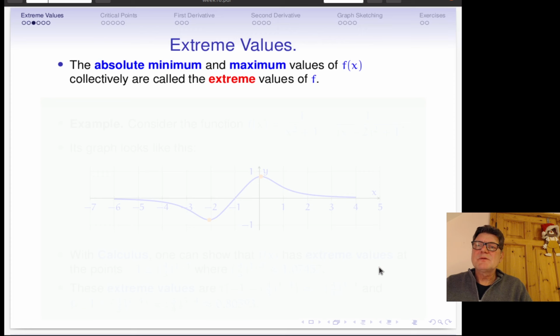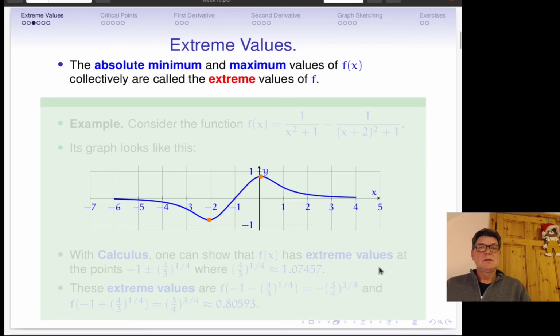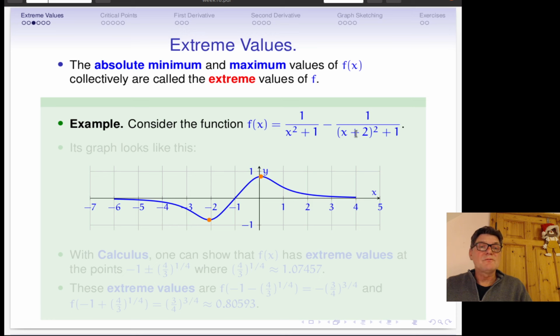Collectively, I said this before, the absolute minimum and maximum values of f of x are called the extreme values of f, and here is an example which illustrates the occurrence of both types. This is essentially the sum of the two functions whose graphs we saw on the previous slide.